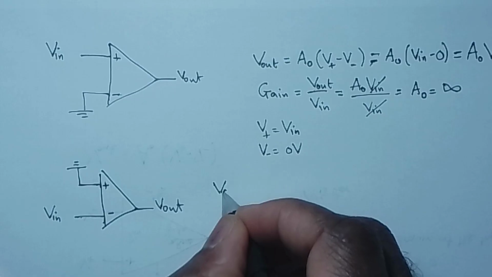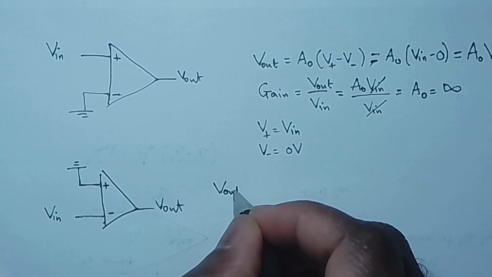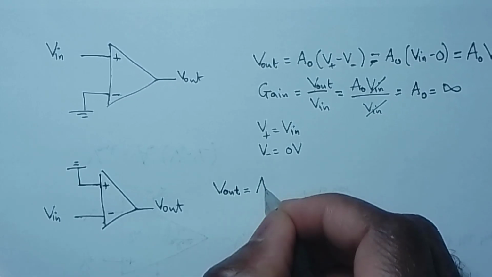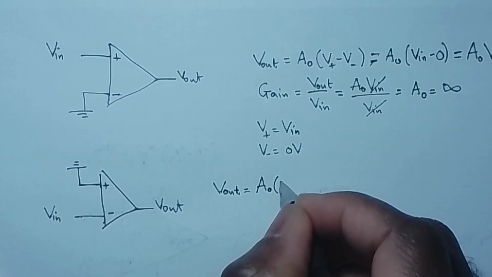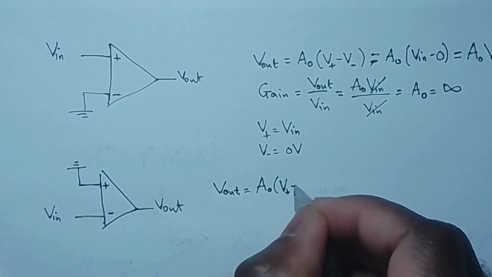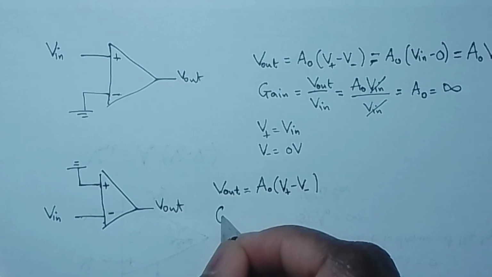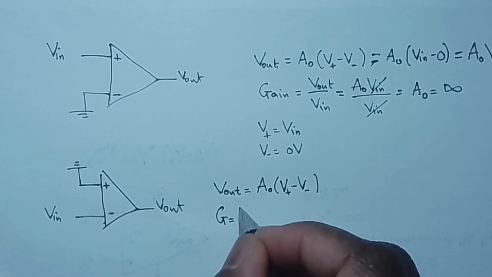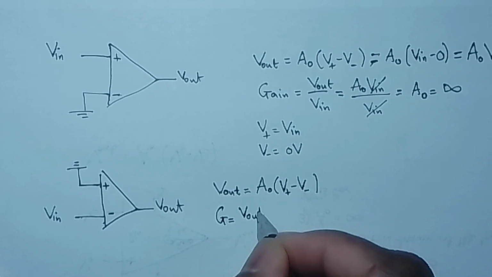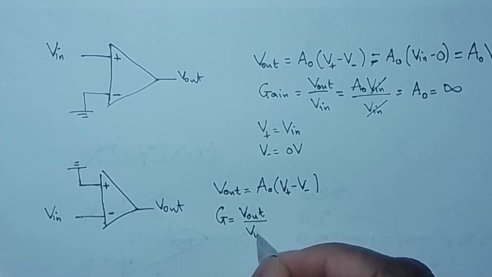So the open loop voltage expression is equal to the open loop gain times the voltage difference, while the gain is equal to the output voltage over the input voltage.